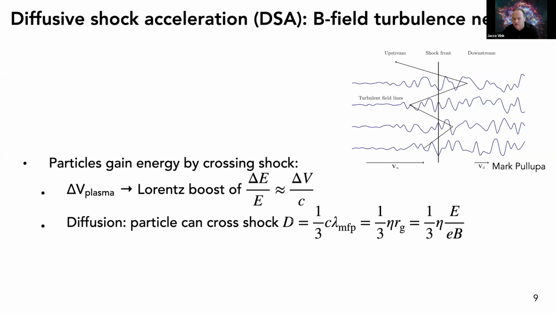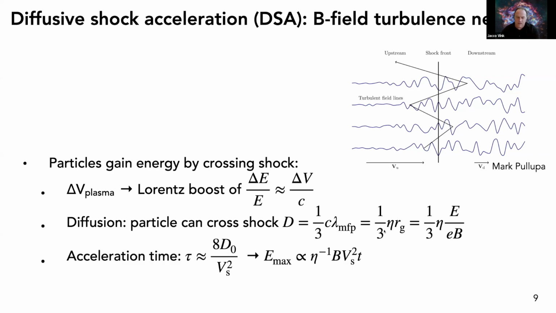What is very important here is the diffusion coefficient, which is 1/3 times the particle speed times the mean free path. What we usually take for the mean free path for scattering on those magnetic fields is the gyro radius of the particle, and then we have this eta factor. So the gyro radius is the minimum mean free path of the particles, and we usually parameterize that with this factor eta.